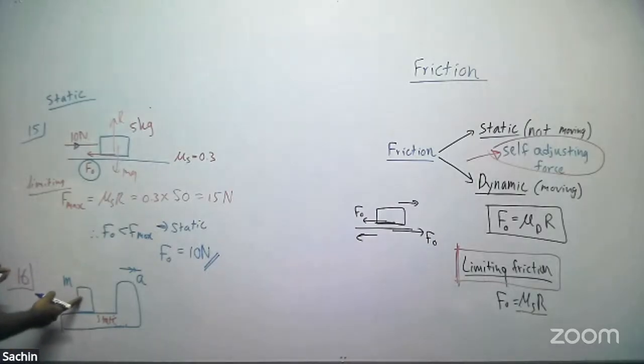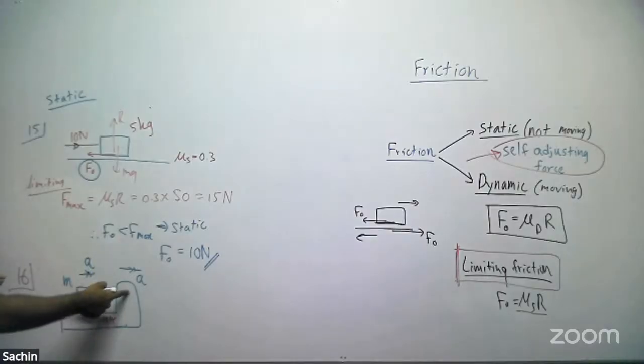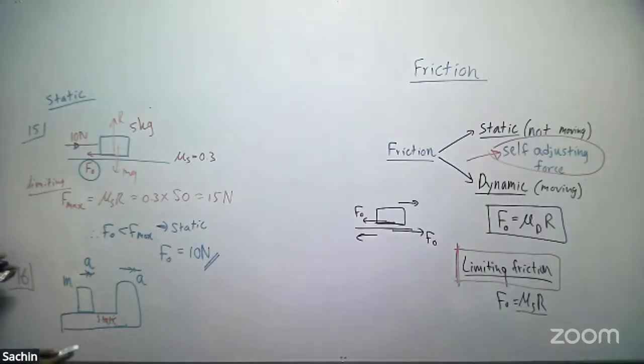If this mass is stationary with respect to the bed, then this mass also should accelerate at the same rate as the lorry. But how can this mass have an acceleration?